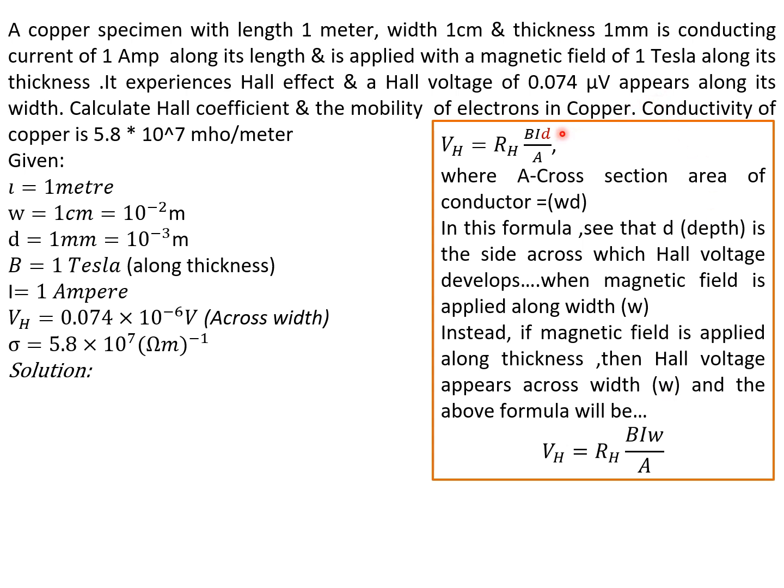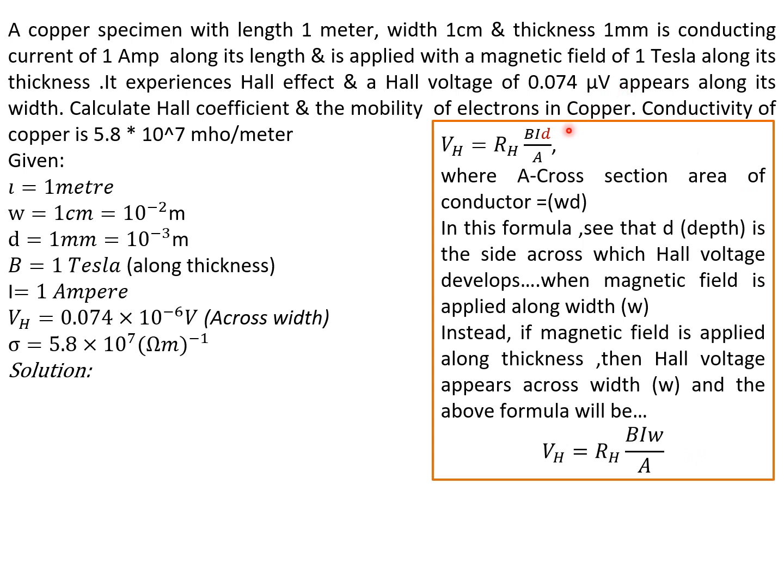So this D should be replaced by W in this case. So we will use this formula: VH is equal to RH into BIW upon A.